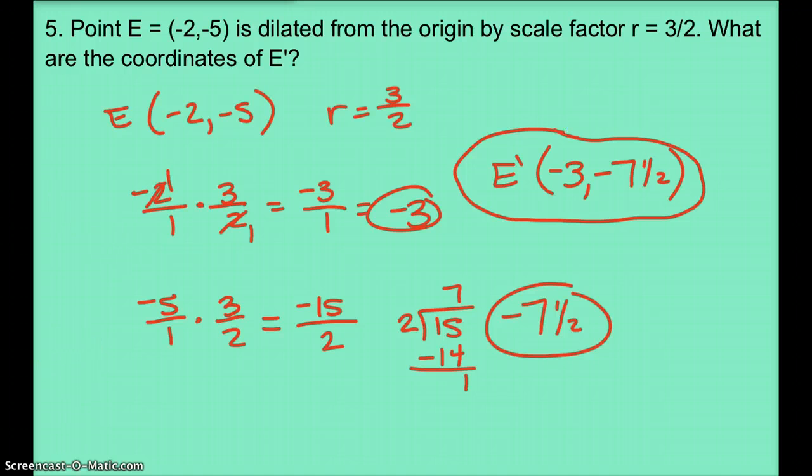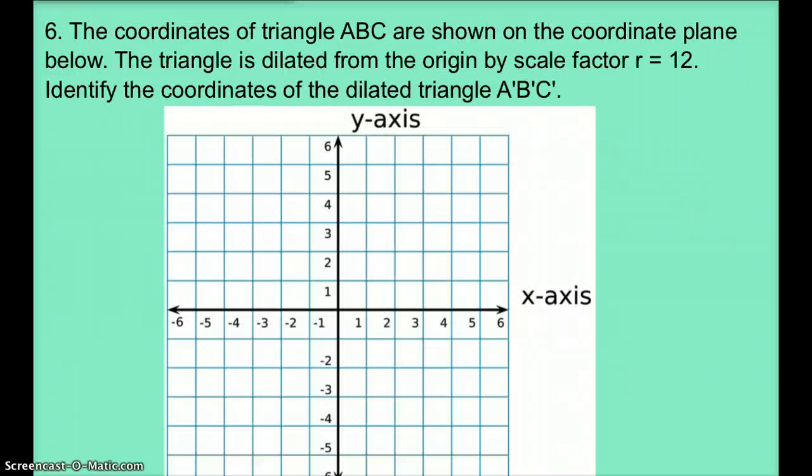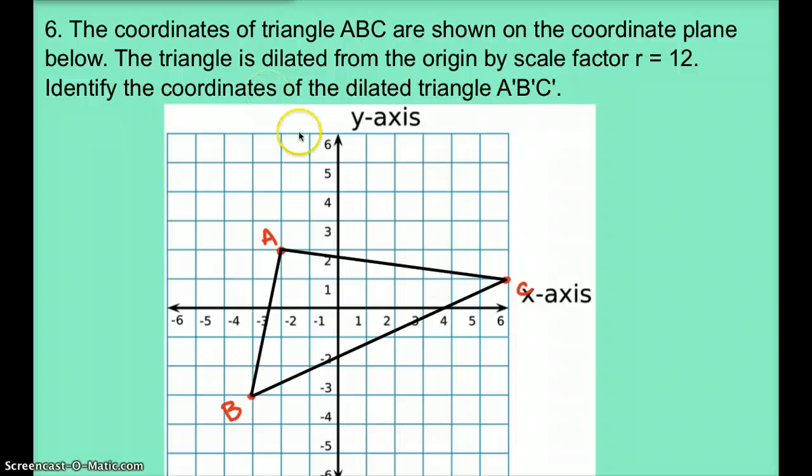Okay, now for the last 3, we're actually going to look at some shapes that have been plotted on the coordinate plane. So let's look at number 6. Number 6 says the coordinates of triangle ABC are shown on the coordinate plane below. The triangle is dilated from the origin by a scale factor of 12.